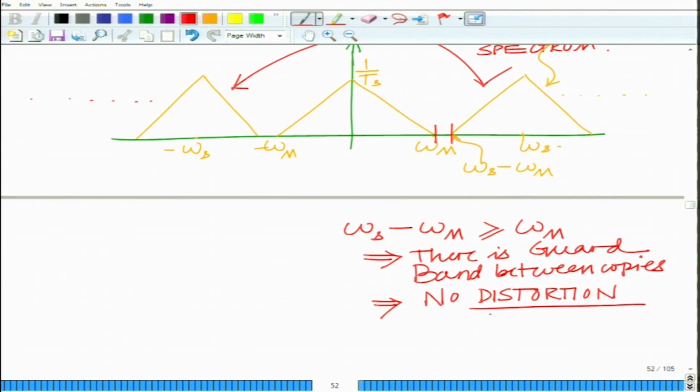And this distortion is what is termed as aliasing.